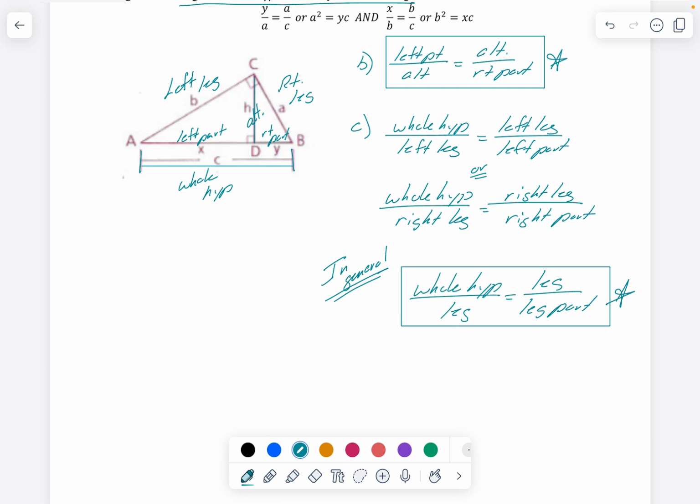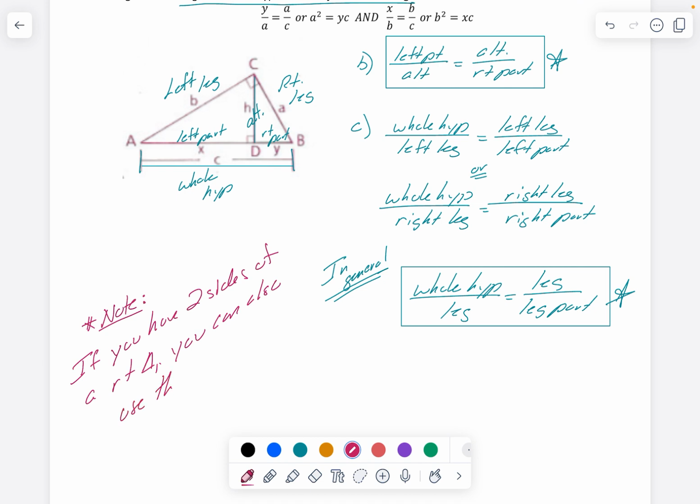Now, as a reminder, since they are right triangles, if you have two sides of a right triangle, you can also use the Pythagorean theorem to find the third side.